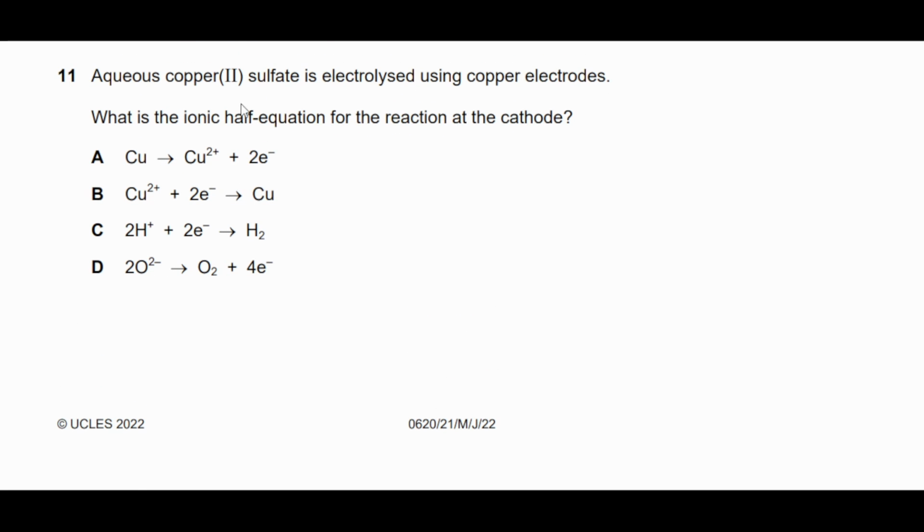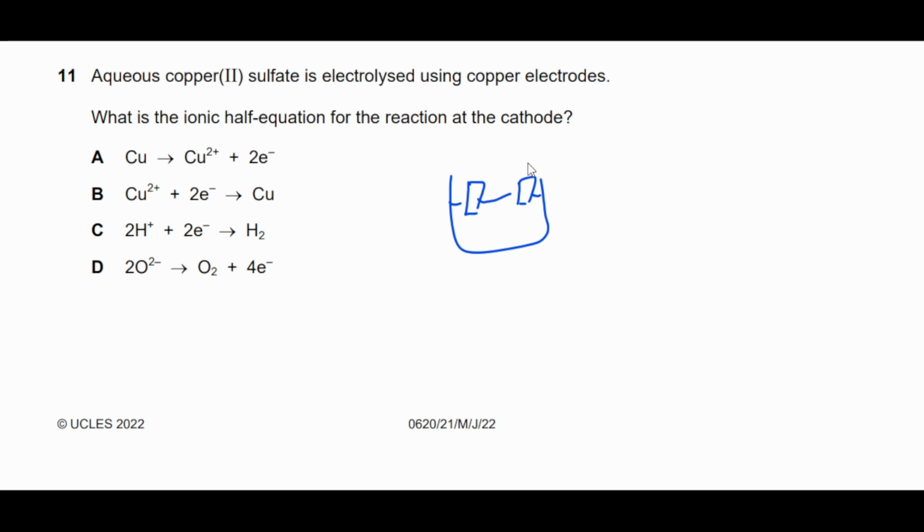Aqueous copper sulfate is electrolyzed using copper electrodes. What is the ionic half equation for the reaction at the cathode? Right. So at the cathode means, okay, so you're using copper electrodes and copper sulfate as the electrolyte. So if you're using everything as copper, this is actually how you get pure copper from impure copper, right?